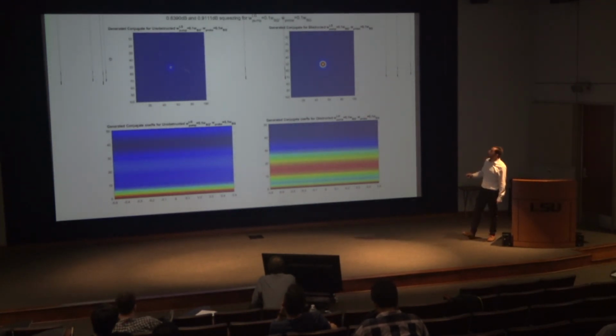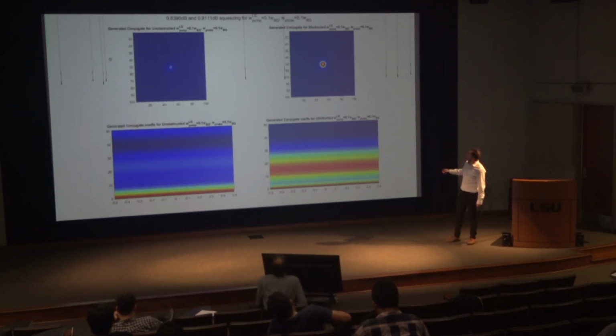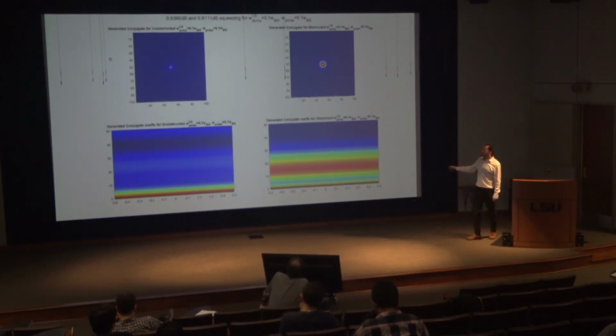When I use both small probe and pump beams, I don't see that much squeezing. For the unobstructed beam I see 0.83 dB of squeezing and 0.91 dB for the obstructed, and the generated beams look like this. Even though they show some signs of the bullseye pattern, they lack most of it, and this is how their LG coefficients look.